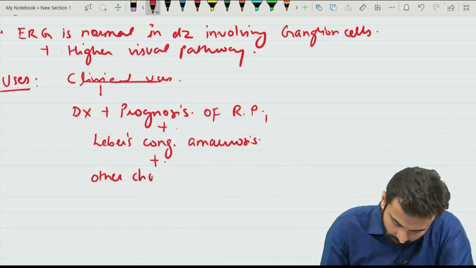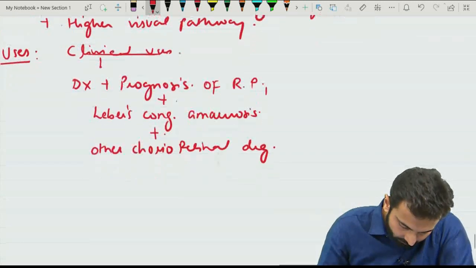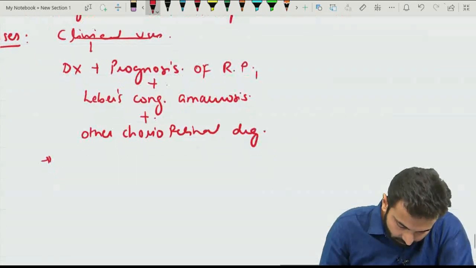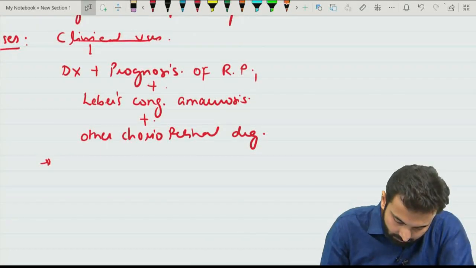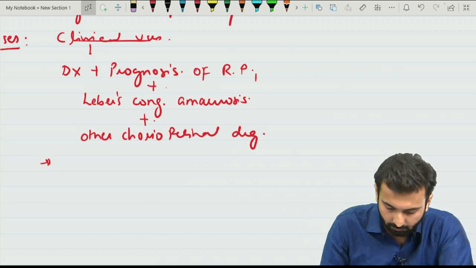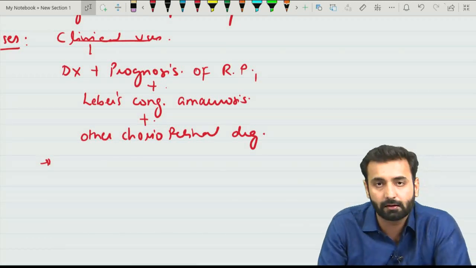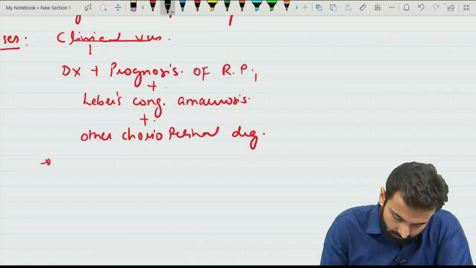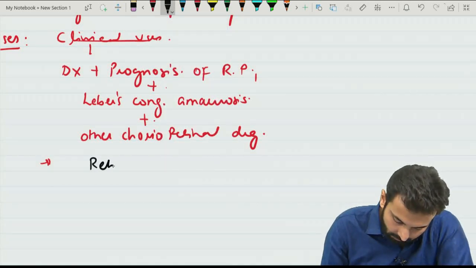Other chorioretinal degenerations, right? Now the next use is that it is used to assess the retinal functions. Write down, it is useful in detecting the retinal functions.